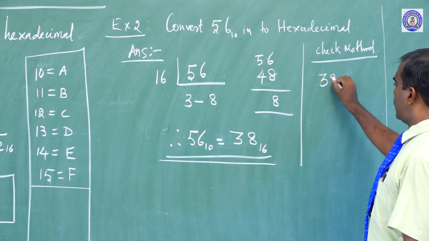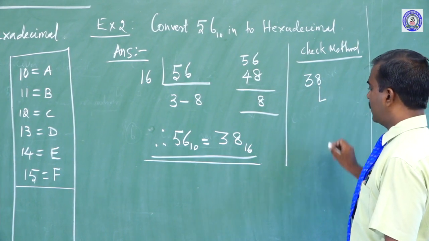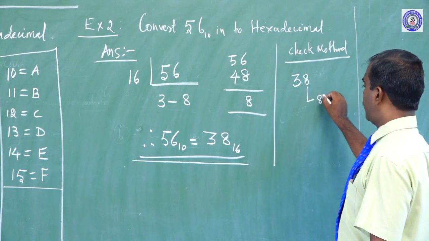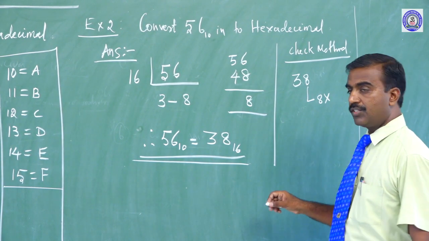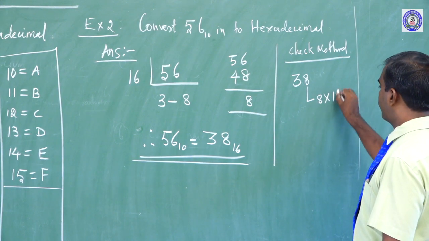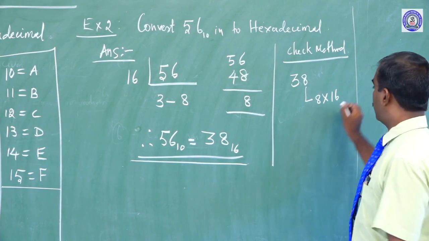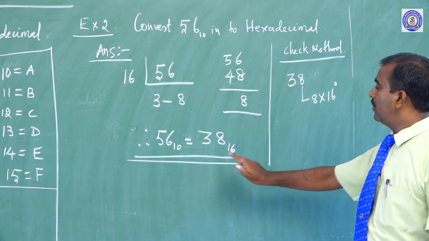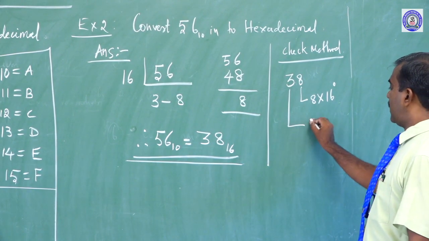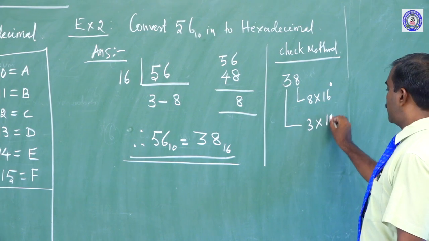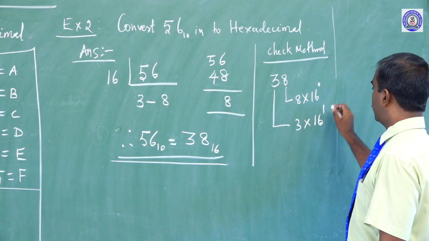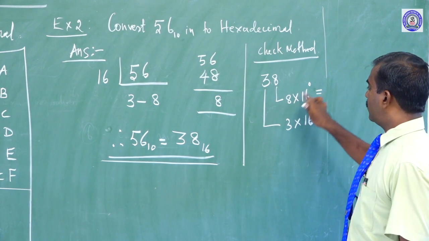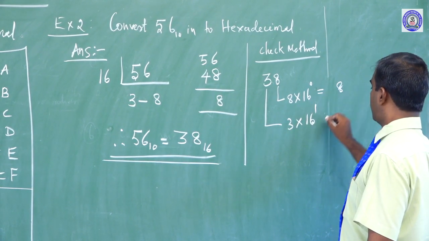3 and then 8. Here, come on Sanjay, you say the answer: 8 into 16 to the power of what? 0. Why? Because this number is hexadecimal, no? Okay, here 3 into 16 to the power of 1. Sir, anything to the power 0 we know is 1. So 8 into 1 is 8.